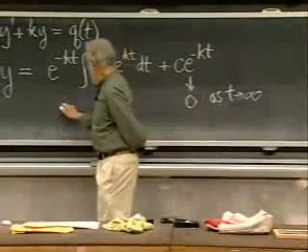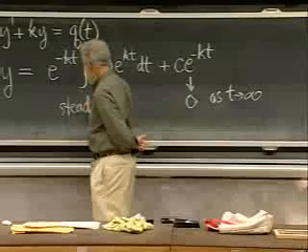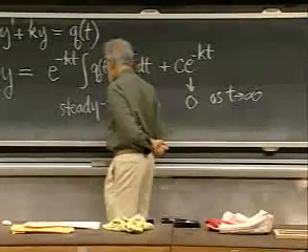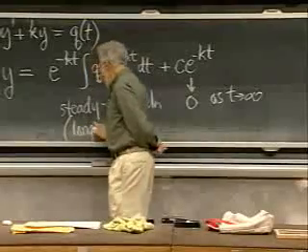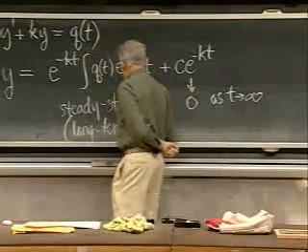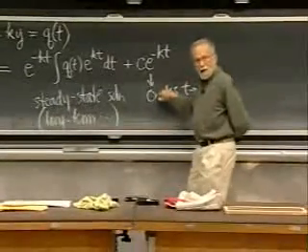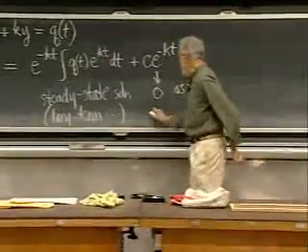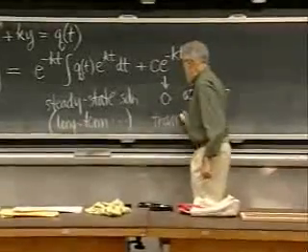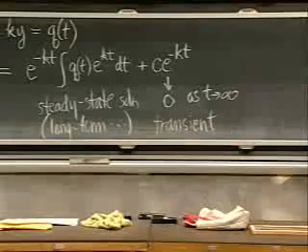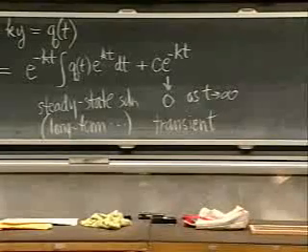And so this term is called the steady state or long-term solution, or it's called both, the long-term solution. And this, which disappears, gets smaller and smaller as time goes on, is therefore called the transient, because it disappears as the time increases to infinity.